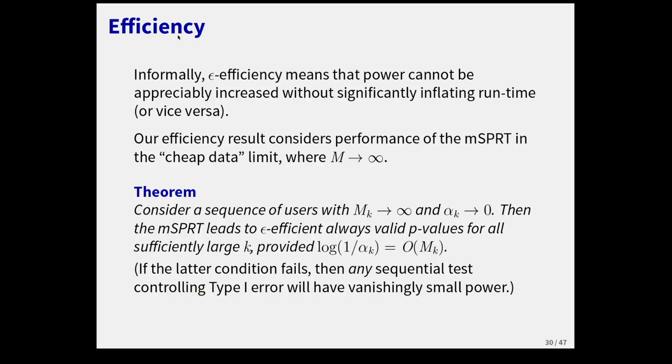That's the right scaling at which the user is actually getting detection. This is fairly standard in the sequential testing literature as a regime in which you would study performance. For us, what's interesting is that we're trying to deliver epsilon efficiency for all sufficiently large k. The way I think about this is that most users of an A/B testing platform are running tests with thousands of observations. There's many visitors coming in. So that will fall well within the range of what one thinks of as large in a theorem like this.